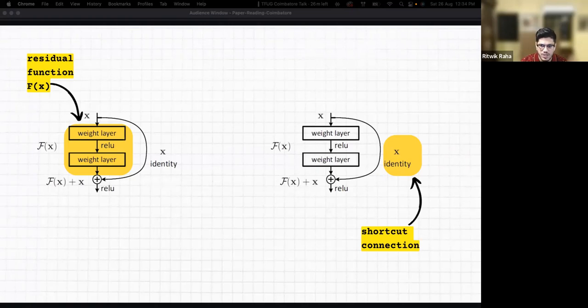The shortcut connection is important because it allows the residual learning building block, the entire thing, to learn identity mappings. Whenever you think of these jargons, identity mappings, residual things, always think back to the analogy or the story.